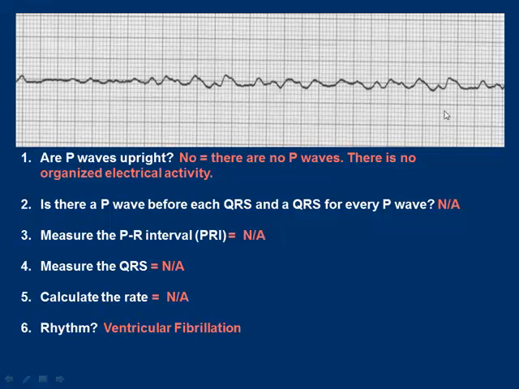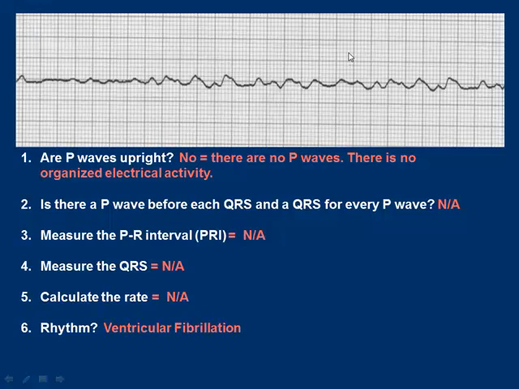All I see is a bunch of bumps, and therefore I can't answer questions 2 and 3. I can't do anything about QRS because there isn't really a discernible or easily identifiable QRS complex. I can't calculate the rate. This, therefore, is ventricular fibrillation. In other words, I don't have a ventricular complex to identify whether it's wide or narrow.